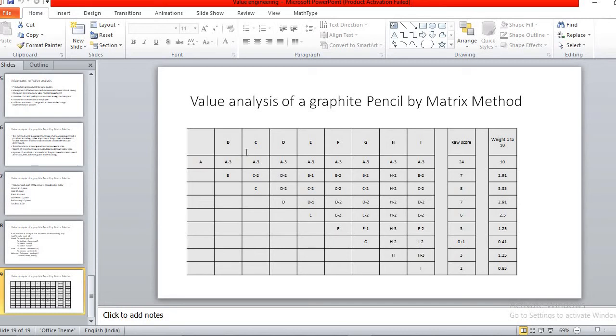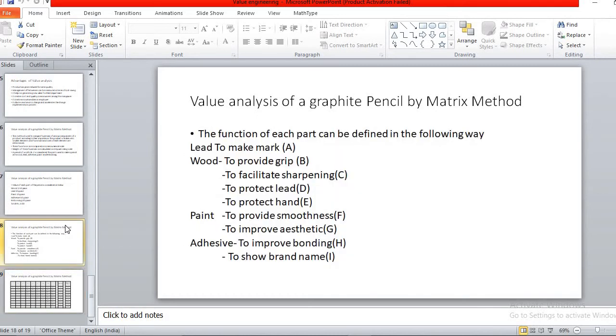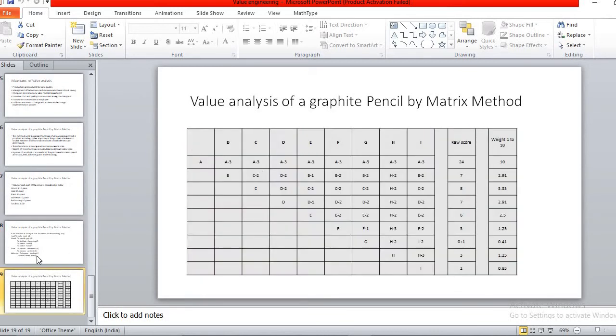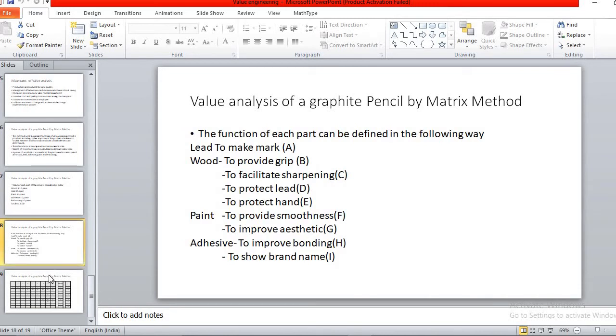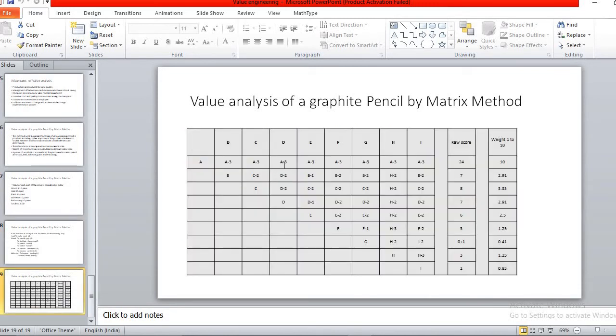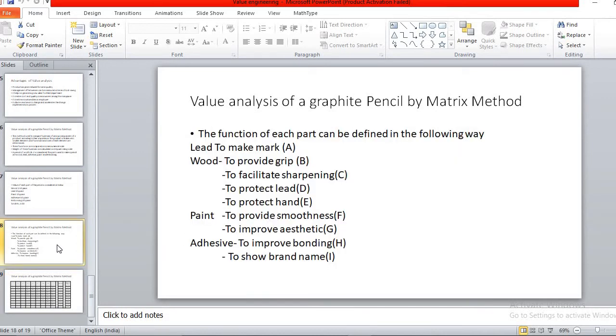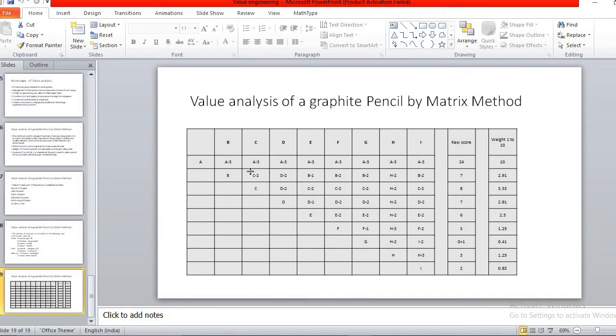Between A and C, again A is important, with weightage A3. C is facilitate sharpening, so again A3. D is related to protect lead, again A is important. For E, F, G, related to protect hand, provide smoothness, improve aesthetic, these correlations have A important with weightage 3.